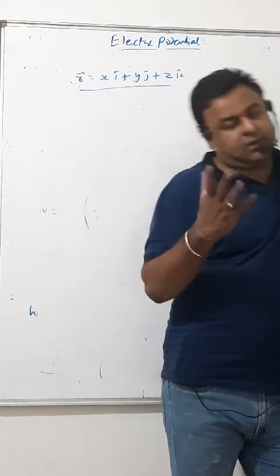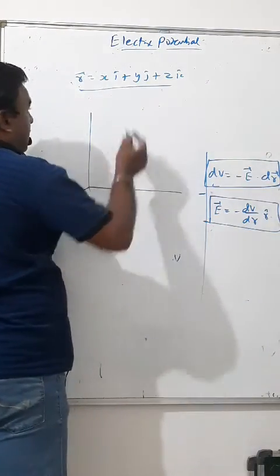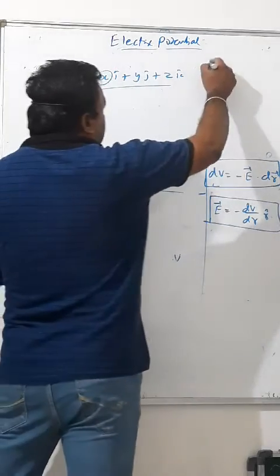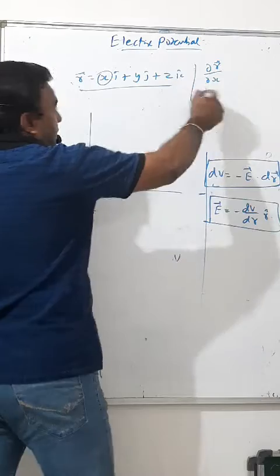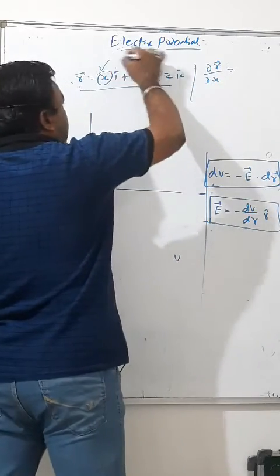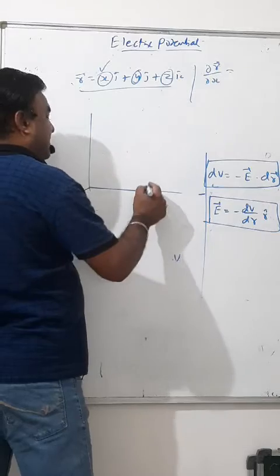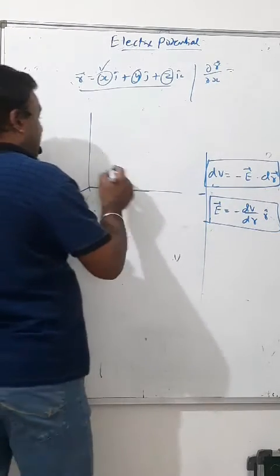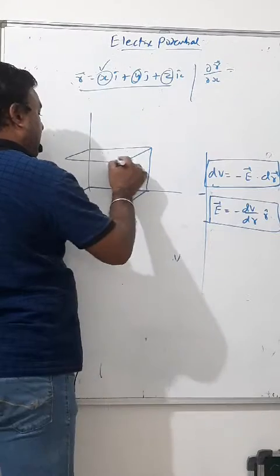Why it is done? Listen, it's very simple. Like differentiation, if I write del r upon del x, this is a symbol of it. I'll differentiate this keeping this and this constant. That means it's quite simple to reach some point P in 3D.